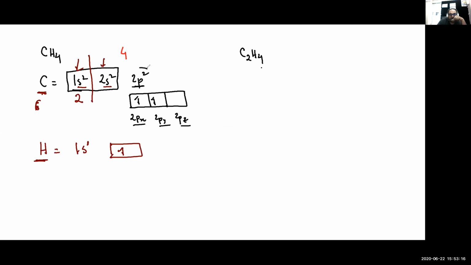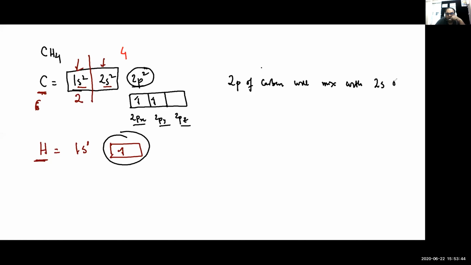Okay, so next is, since they have free electrons, since their orbitals are free, what will happen? They'll mix together. So the 2p of carbon will mix with the 1s of hydrogen. Sorry, 1s, thank you for correcting me.